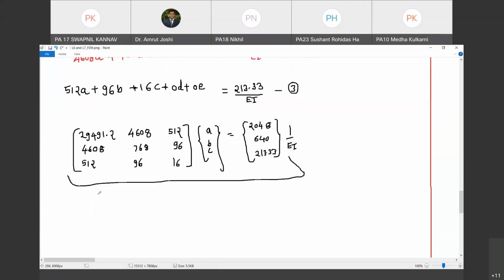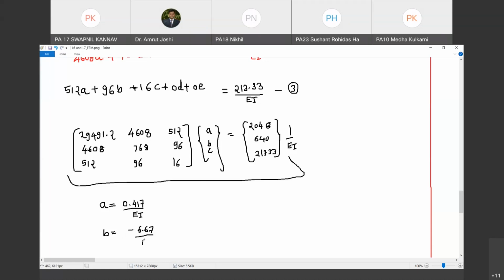So tell me what are the values of A, B and C you are getting. So I get the value of A as 0.416 or 0.417 by EI. Are you also getting these values? Tell me. B is equal to minus 6.67 by EI.